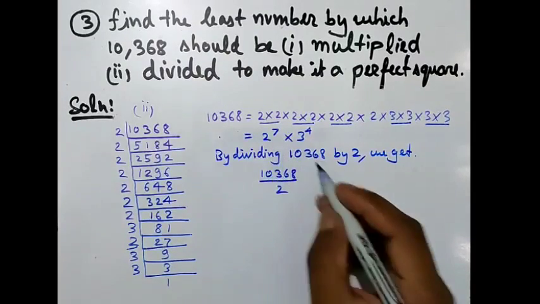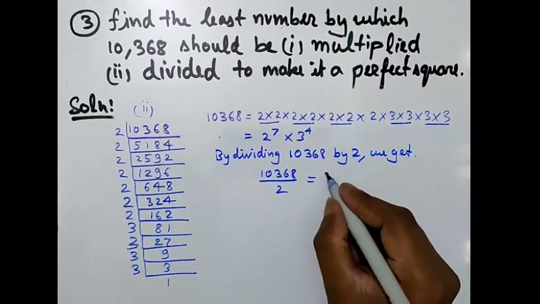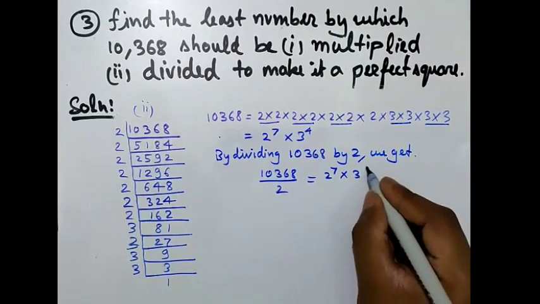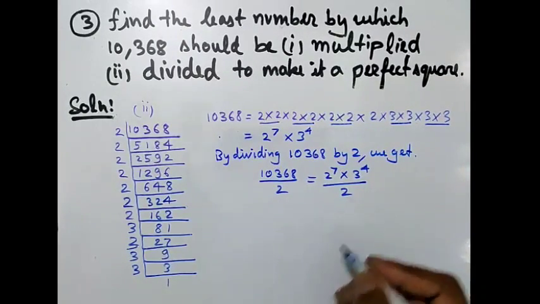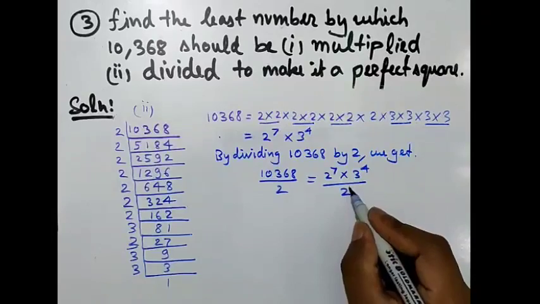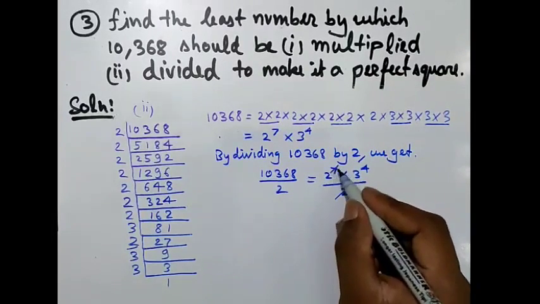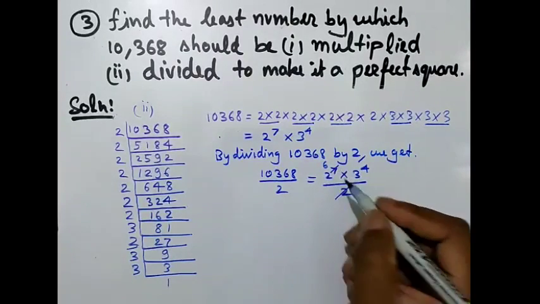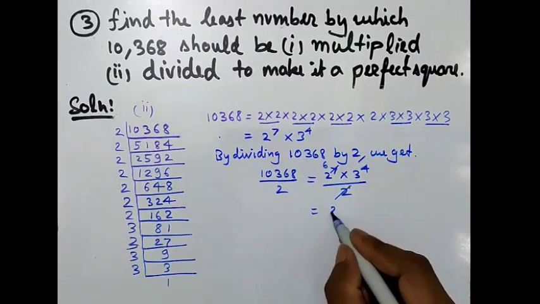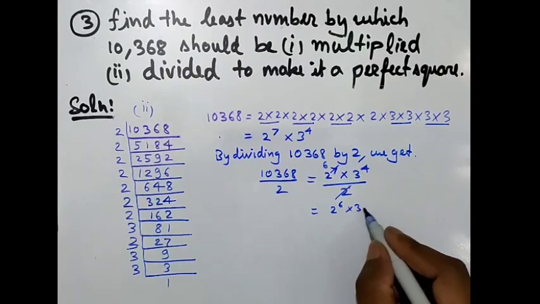We can use the expression of exponents. So 2 to the power 7 into 3 to the power 4, whole divided by 2. Now this means 2 to the power 1, and we can cancel out one power, so it will become 6. So it is equal to 2 to the power 6 into 3 to the power 4.